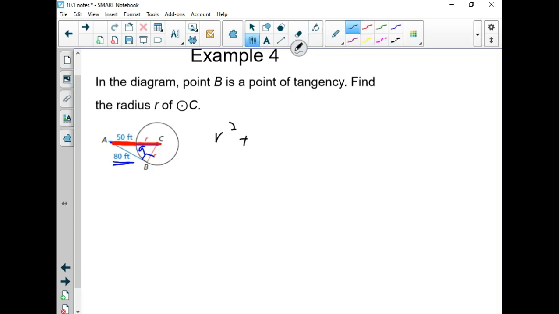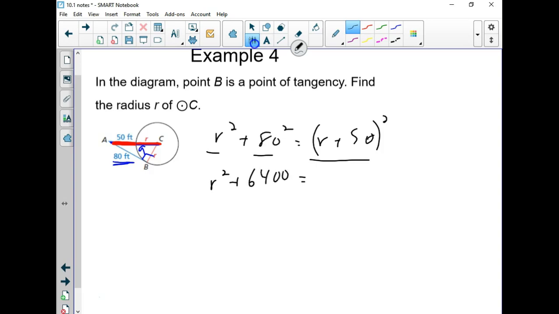So R squared plus 80 squared equals R plus 50 squared. Okay, my mistake. So one leg squared plus the other leg squared equals the hypotenuse squared. So this doesn't change. It's R squared plus 80 squared, so that's 6,400.